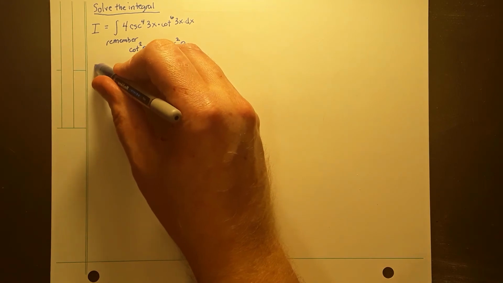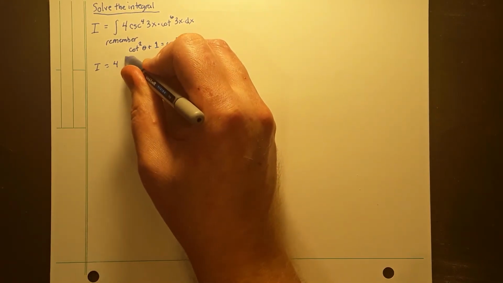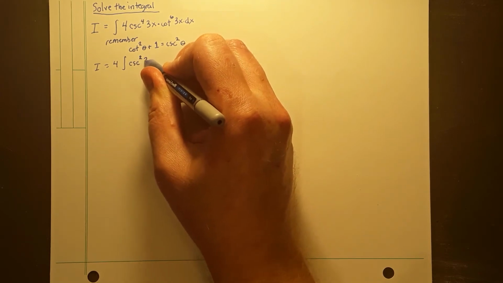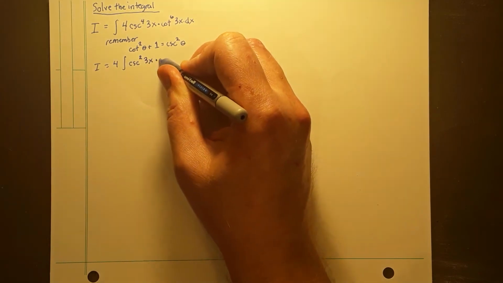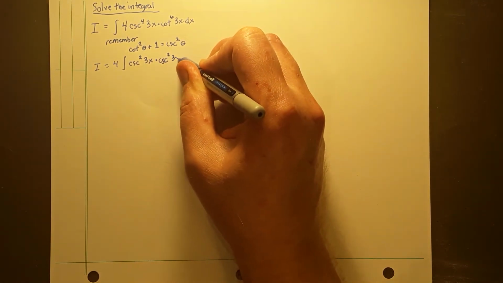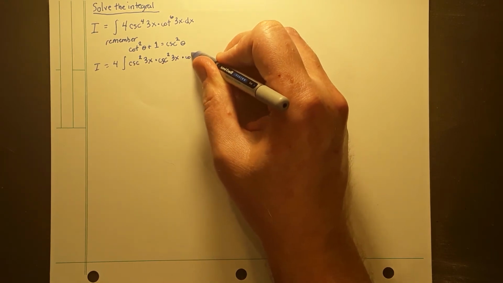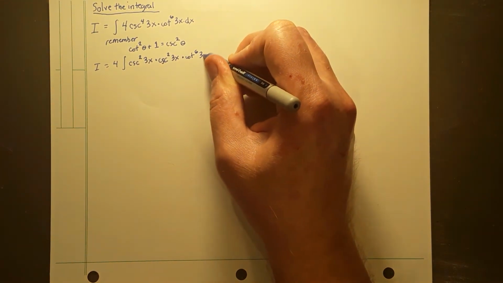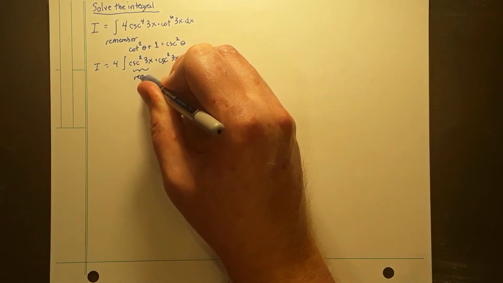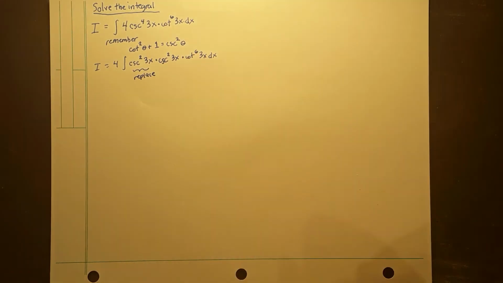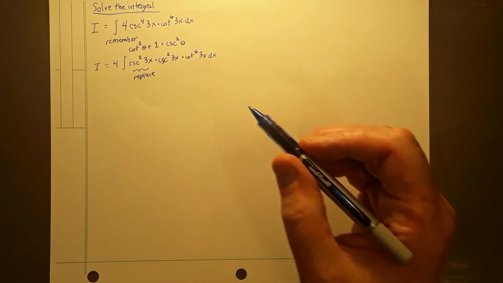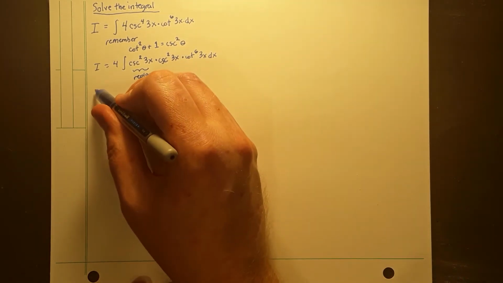And so if I rewrite the cosecant power 4 of 3x into cosecant power 2 of 3x times cosecant power 2 of 3x times cotangent power 6 of 3x dx, one of those can be replaced. And the other cosecant squared will become the differential of all of the cotangents that will be left.